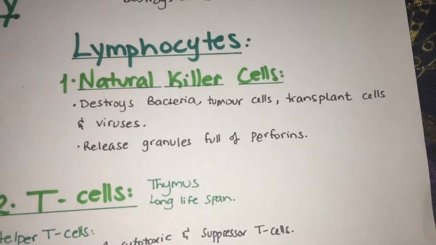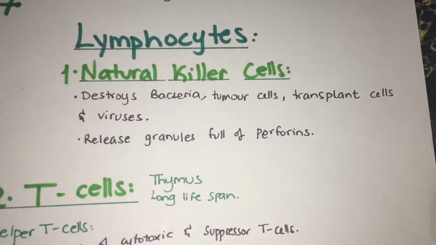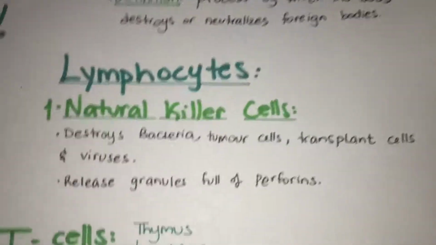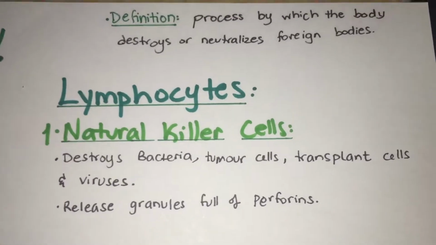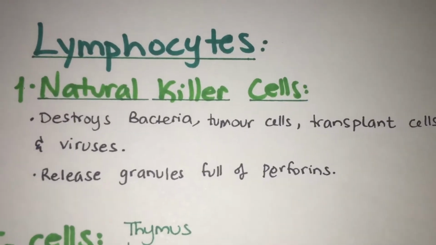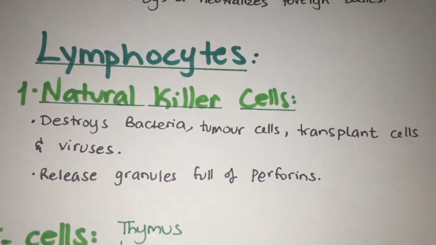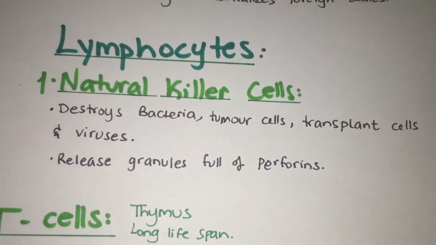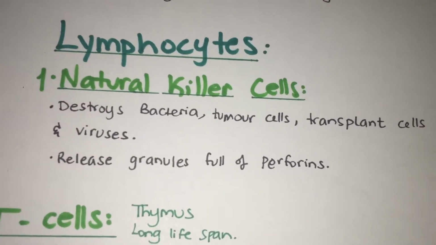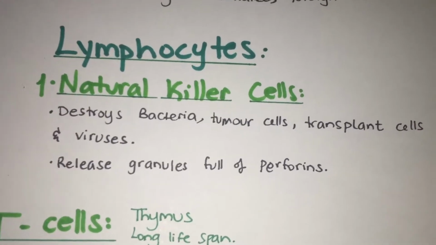Okay, so now we're going to be talking about lymphocytes specifically. With lymphocytes, we have 3 main types we're going to be talking about. The first ones are called natural killer cells. You don't have to know much about them, just that they destroy bacteria, tumor cells, transplant cells and viruses.